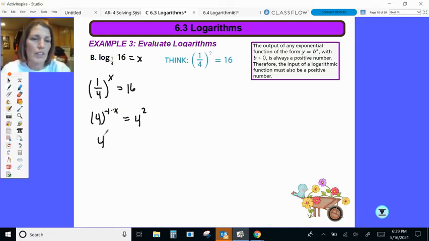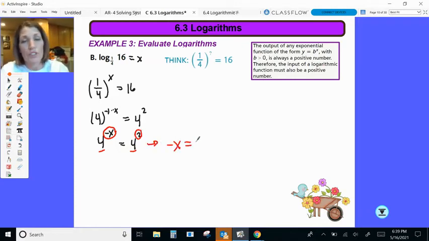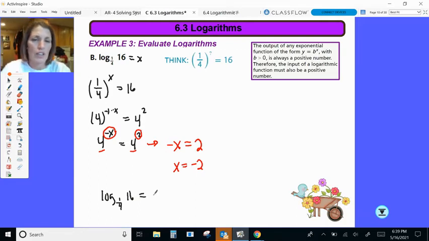So this is 4 to the negative x power equals 4 squared. Once we have our bases the same, we know that our exponents must be the same. So negative x must equal 2, which means x equals negative 2. So log base 1/4 of 16 equals negative 2.